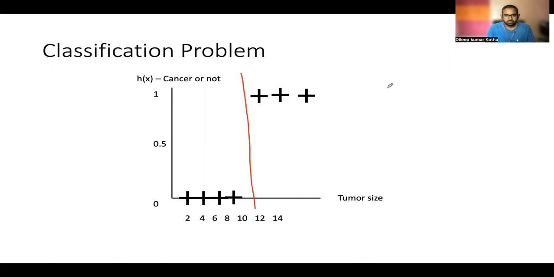Now, what if we have one more tumor size in the test data, which is over here? This will result in our linear regression straight line to become like this.